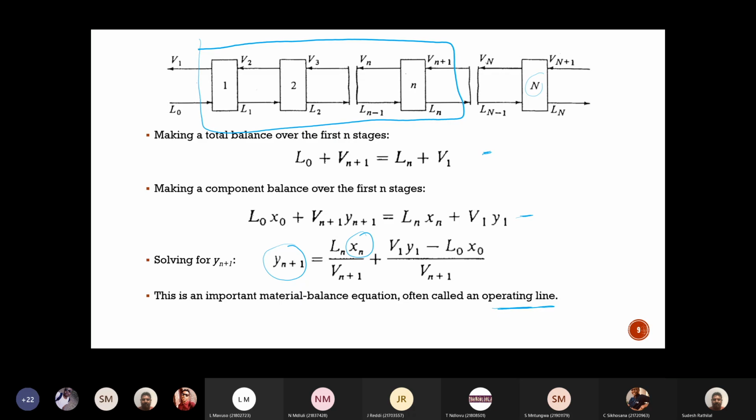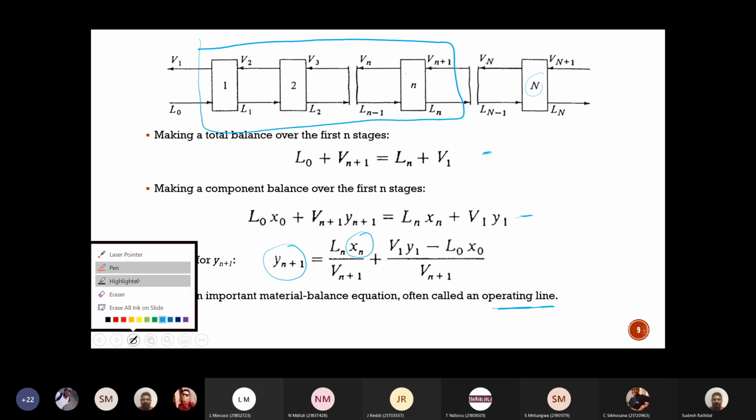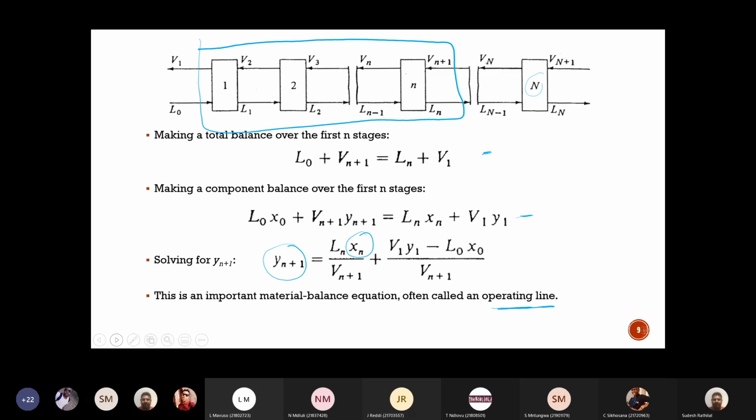Remember what we said about the operating line? The operating line relates compositions on the same side of a stage. Let me change my color here again. So I've got yn plus 1. Where is yn plus 1? It's there.